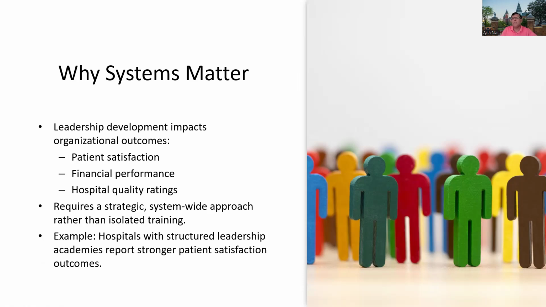Now let's take a different hospital. Instead of offering an isolated workshop or a series of workshops, imagine this hospital built a leadership academy. It's modeled after Cleveland Clinic, MD Anderson, Johns Hopkins, and other prestigious organizations.